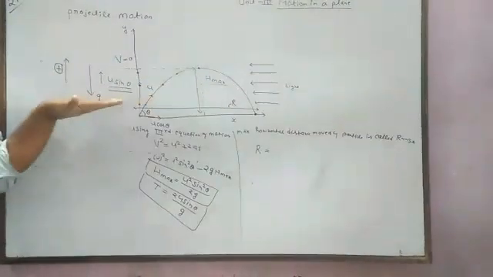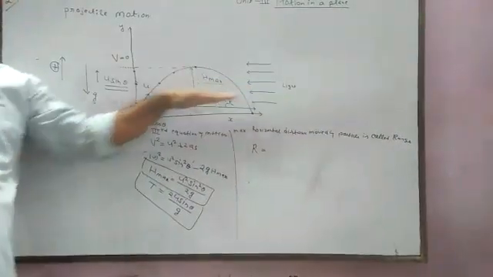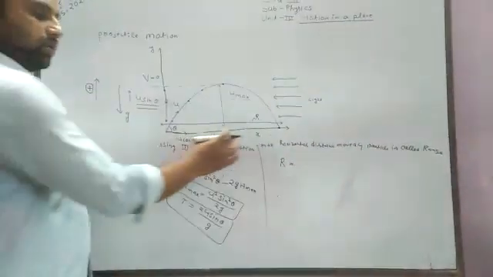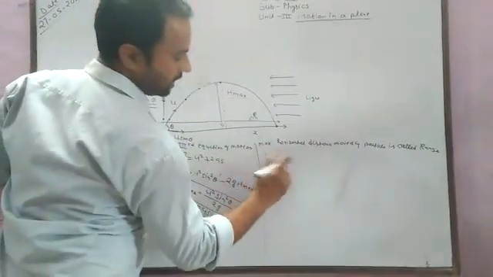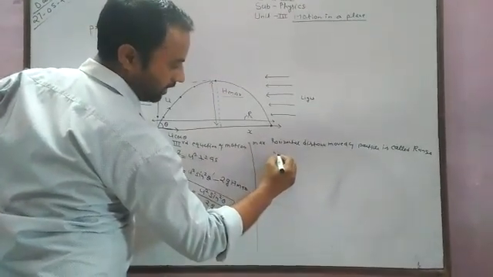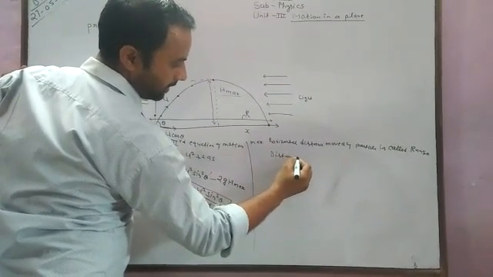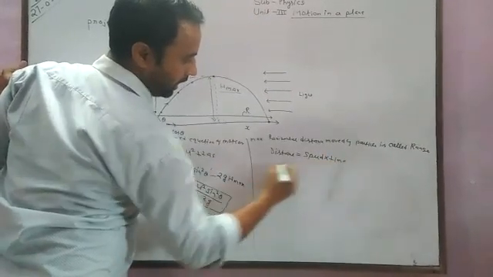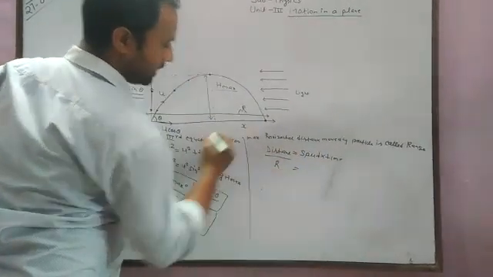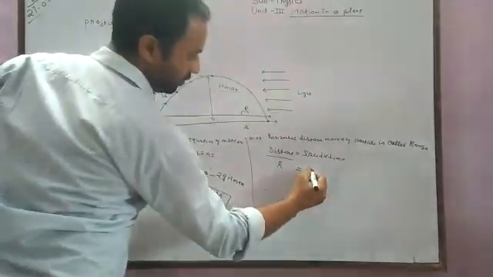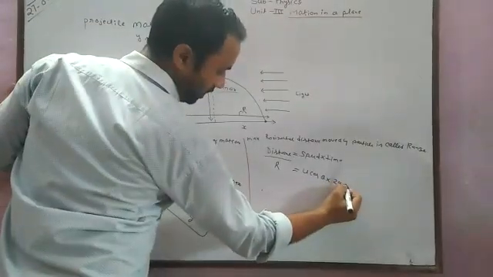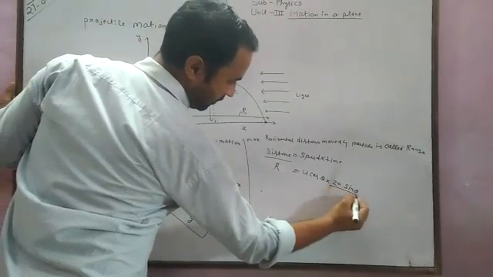Along the horizontal direction there is no acceleration, because all the acceleration is in the vertical direction. So we use the formula distance is equal to speed into time. The distance is R, the speed is the horizontal velocity u cos theta, and the time is the time of flight, 2u sin theta upon g.